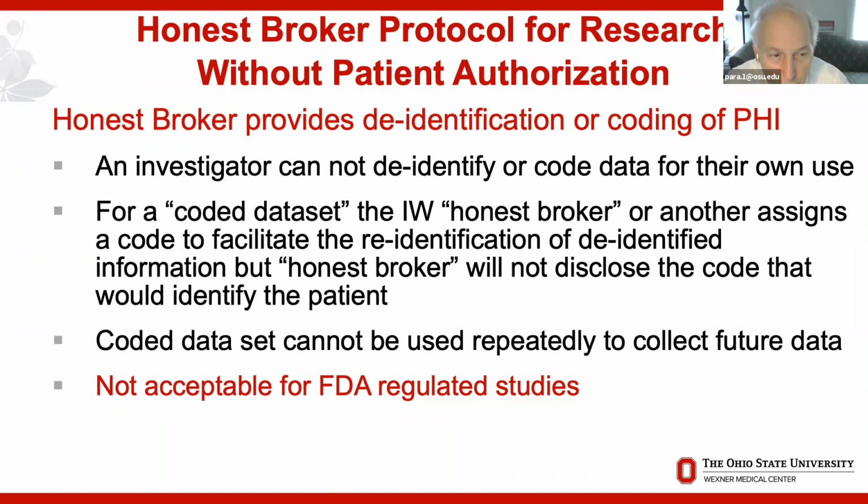The IW, who is an honest broker, can code it and give the information to you. If you need more, you go back to the honest broker. They won't disclose the code that would identify the patient, but they can go back, using the coded data set, and extract more information.